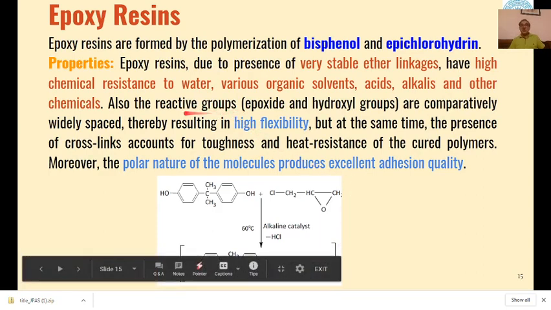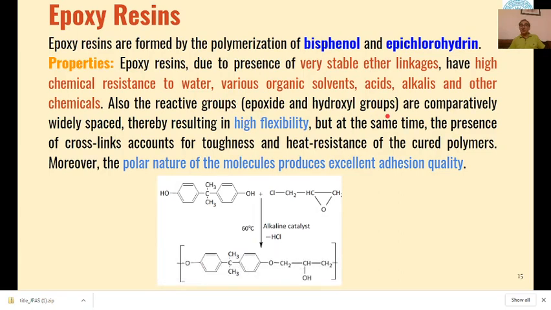Like I have told you, the other reactive groups, epoxide and hydroxyl groups, are widely spaced. Because of the wide spacing, they are highly flexible materials. Because of the cross linking, they are tough and also show heat resistance.